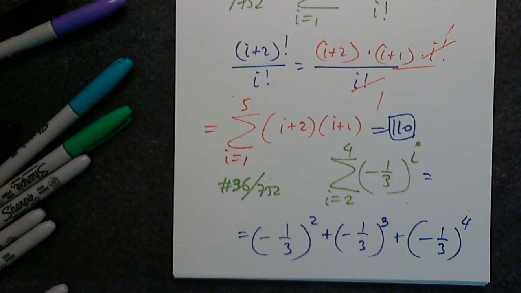With the graphing calculator, if you'd like, go back to the summation notation. And we have from x equals 2 till 4. And in parentheses, negative 1 divided by 3, close the parenthesis, power x, and press enter.